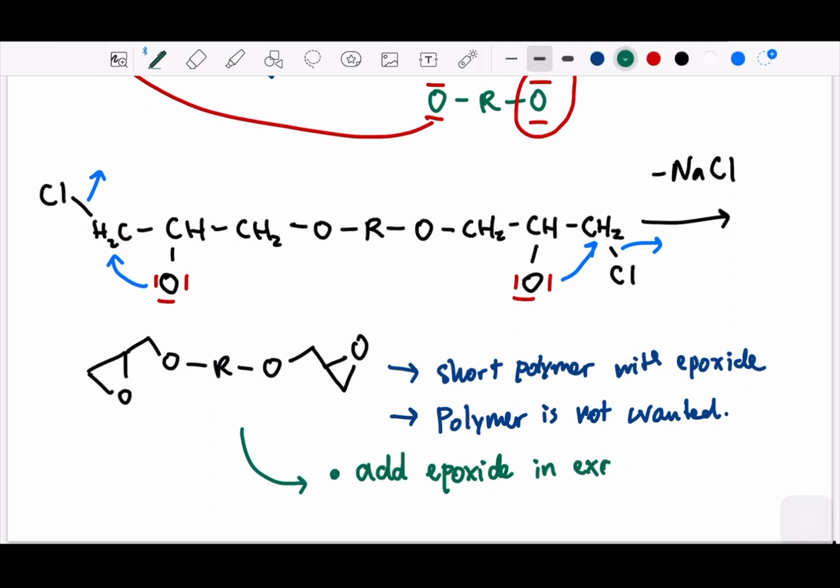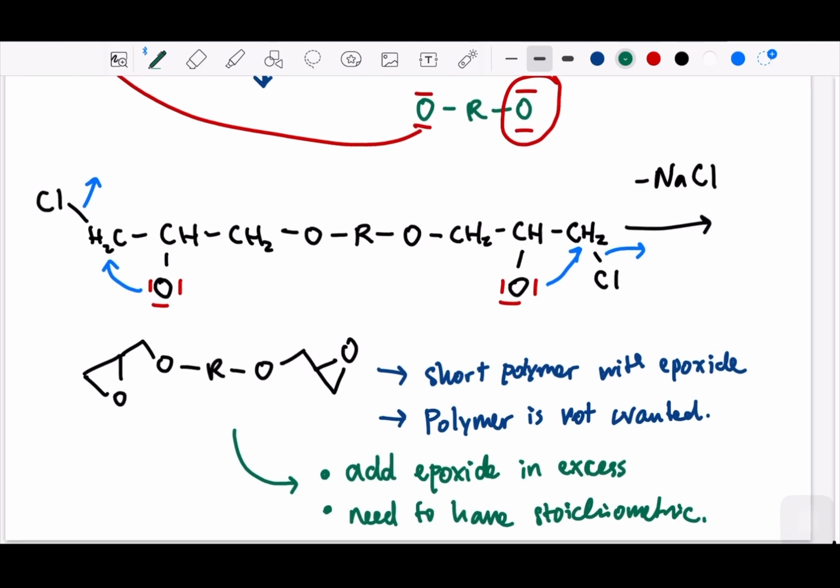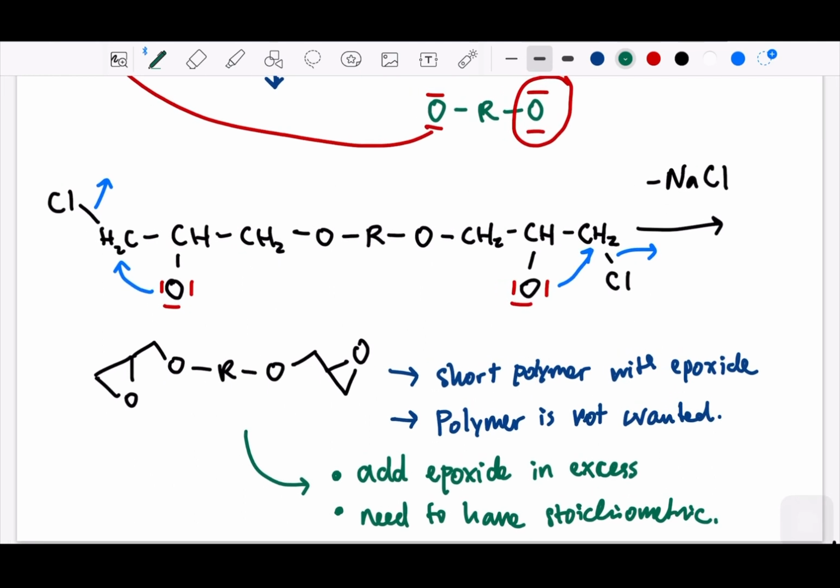So we need to add more possibility for the epoxide, and then we need to have stoichiometric amounts to make sure that all the components are proportional. So we need to add epoxide in excess.